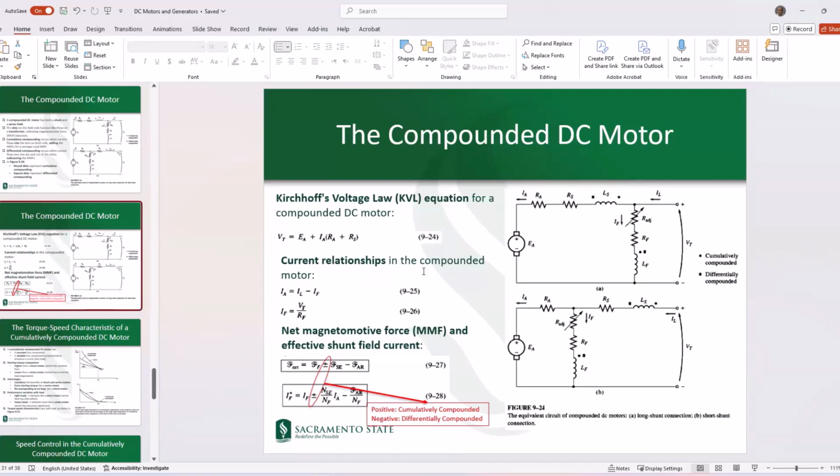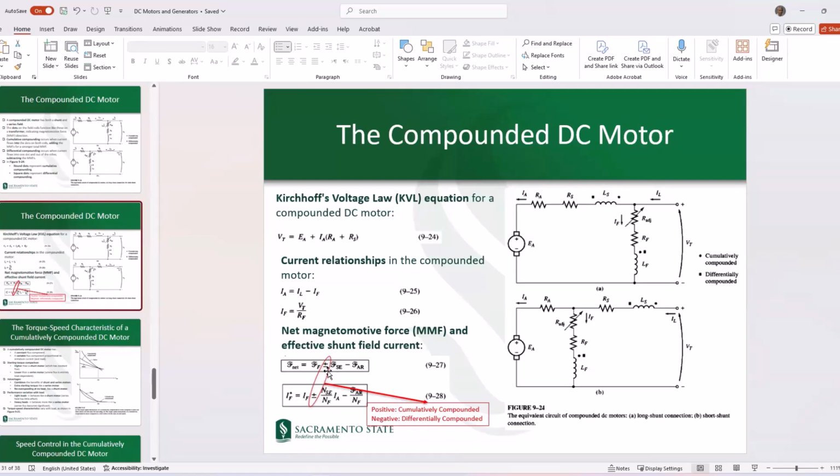In terms of current relationships, we have IA equal to IL minus IF again. So IA would be IL minus IF in both long shunt and short shunt connections. The net magnetomotive force and the effective shunt field current would be based on equations 9.27 and 9.28. Equation 9.27 tells us that F_net, the net magnetomotive force, would be the F associated with the shunt circuit, plus or minus the F associated with the series circuit, minus the F associated with the armature reaction, right?